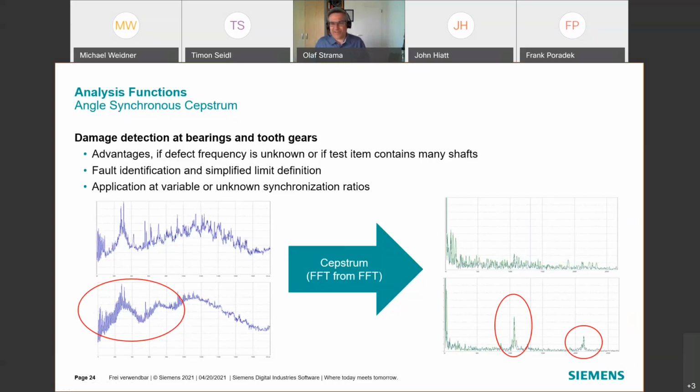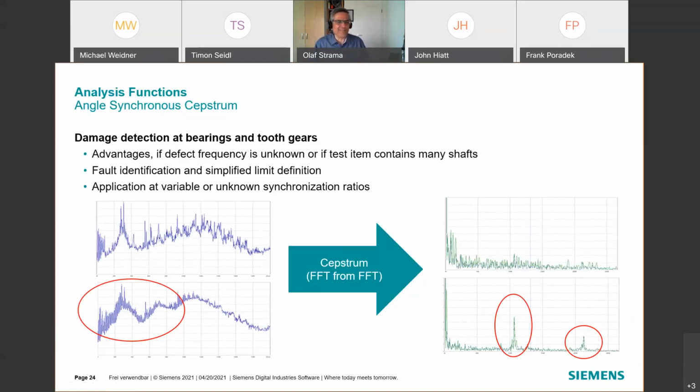That makes the setup quite easier. It's a little bit harder to understand, since you have to know all the transmission ratios, and then you can set up also the right metrics here, assess certain ranges of this cepstrum to identify damages on several tooth gears or damages on bearings. This is then also possible if you know the transmission ratios.